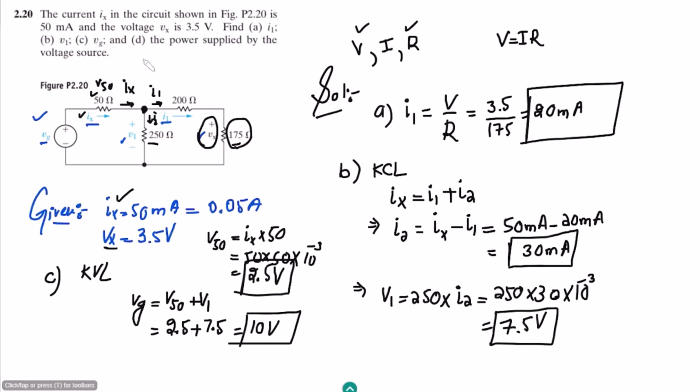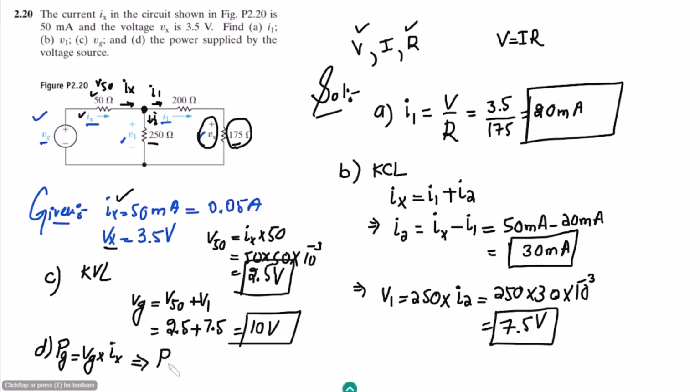In part D, I have to find the power supplied by the voltage source. So let me solve it here. The power supplied by this Vg would be Vg multiplied by the current which is going through it, and that is Ix.